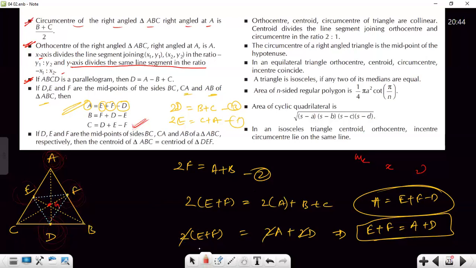The centroid for the triangle EDF will coincide with the point G, which is the centroid of triangle ABC. Simple.